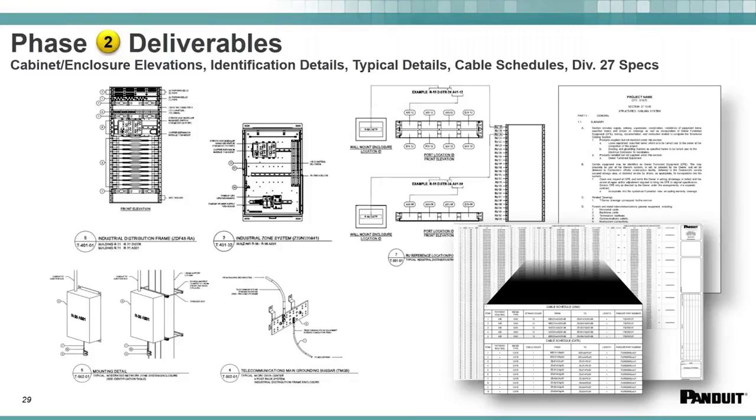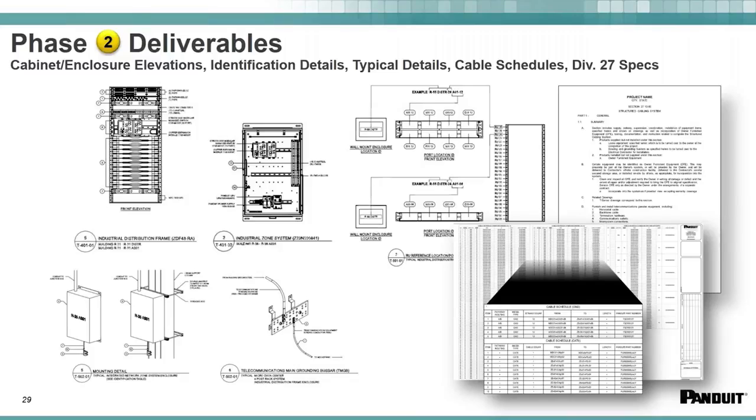This way you understand when you grab a wire out in the field, it'll have the from and to on the wire itself, so you know exactly where and which port the wire is going into. We also show some typical details of how everything gets mounted, as well as how the grounding and bonding needs to be deployed. All that goes together along with a cable schedule.